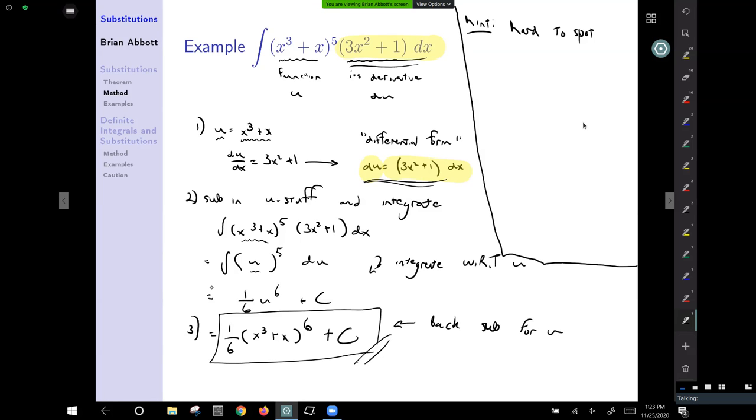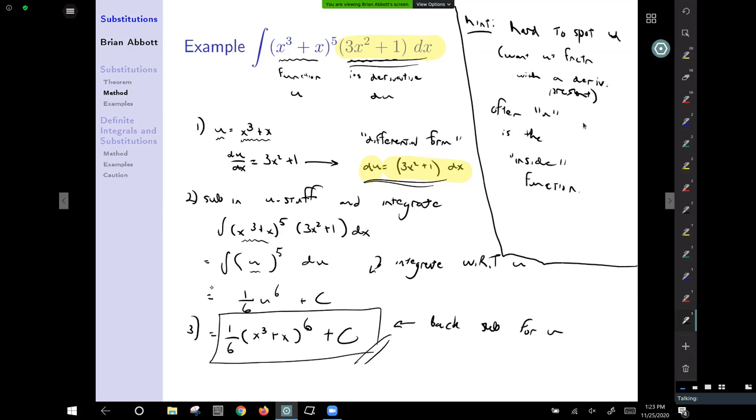If it's hard to spot your u, and we want u equal to the function with its derivative present in our integrand, often our u is the, quote, inside function.